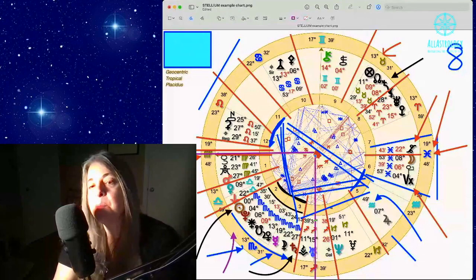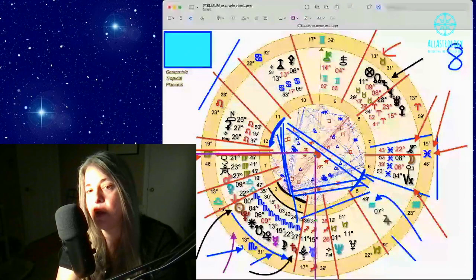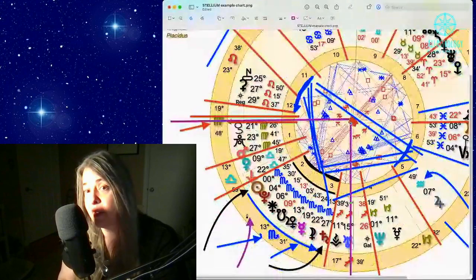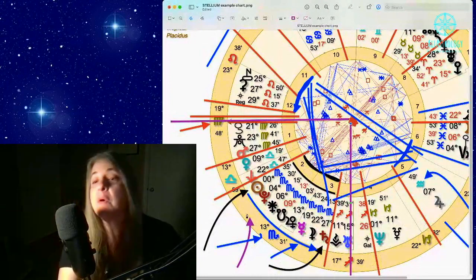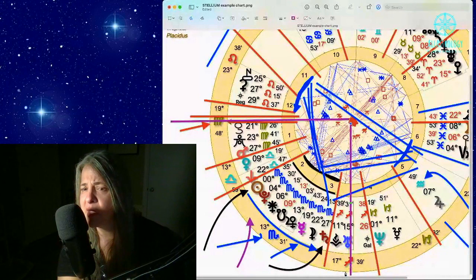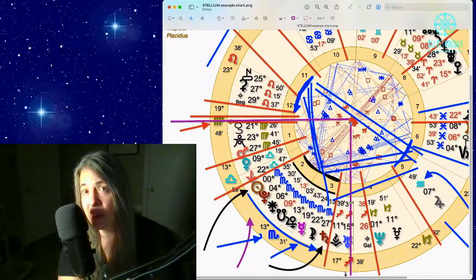Look how many planets are there. Look. Holy crap. This person lived before they were at the age of your fourth house cusp line. So this is about, I want to say 7, 8, or 9 years old. Yeah.